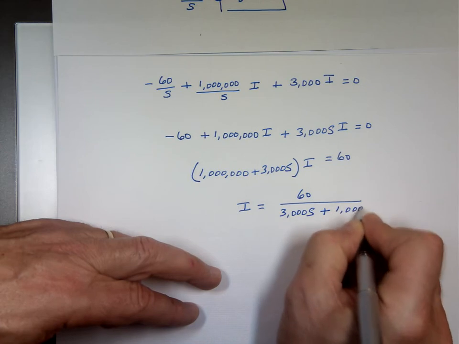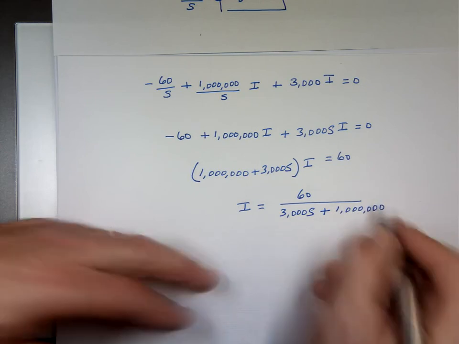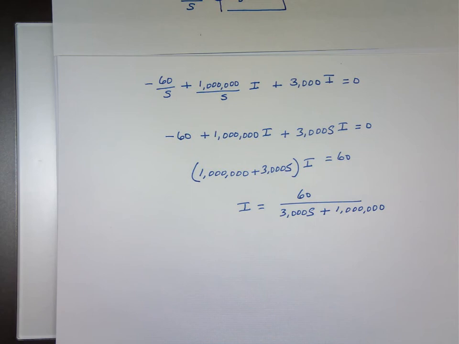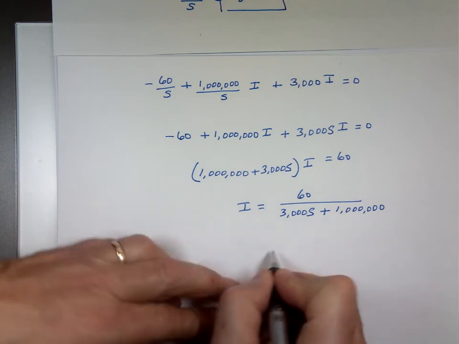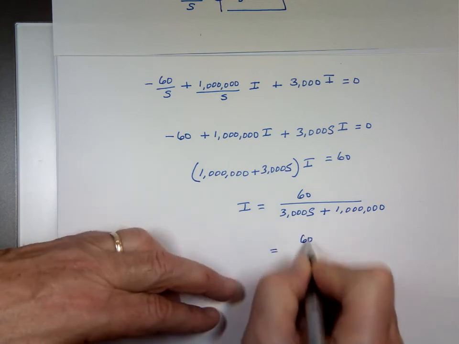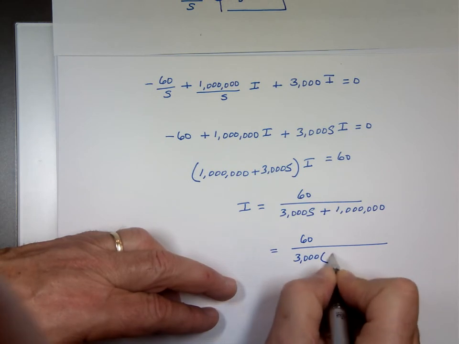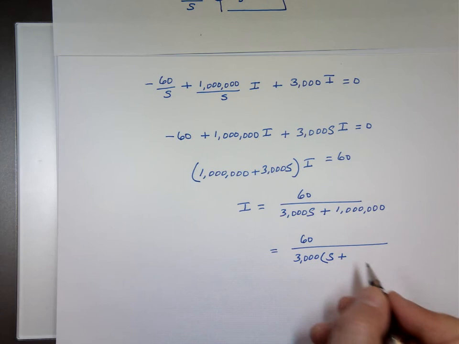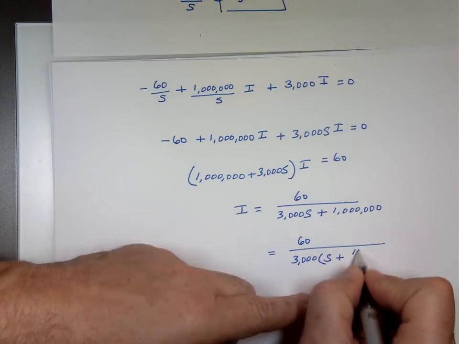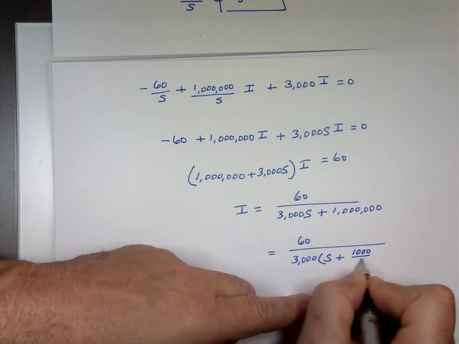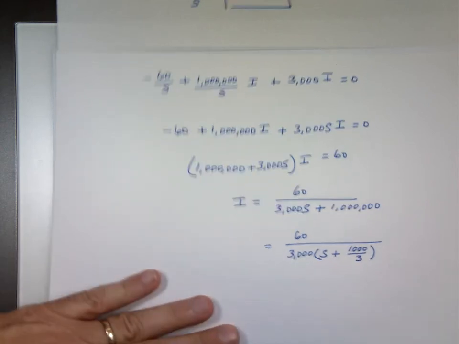Now I don't like this. I'm going to factor out 3,000 so I can simplify it. Bless you. What's that, 1,000 over 3? Yes.